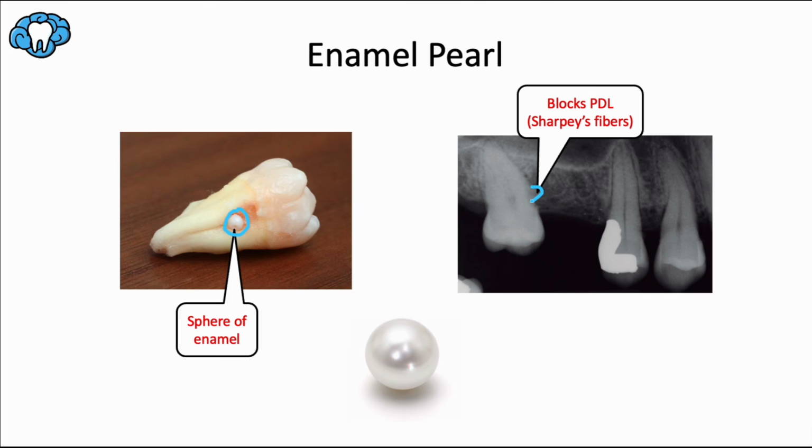So with that enamel in the way, the patient will automatically have a periodontal pocket where that pearl is, and bacteria can wind up collecting in that pocket. Enamel pearls also only occur in molars.